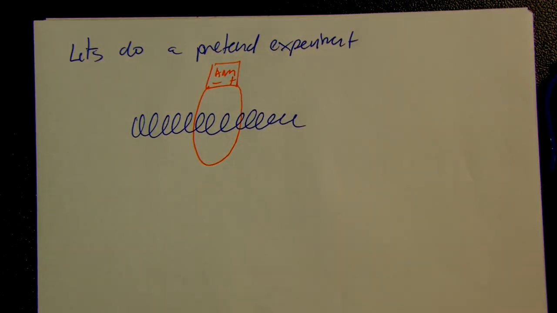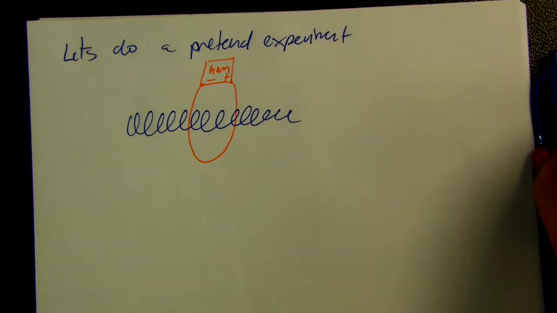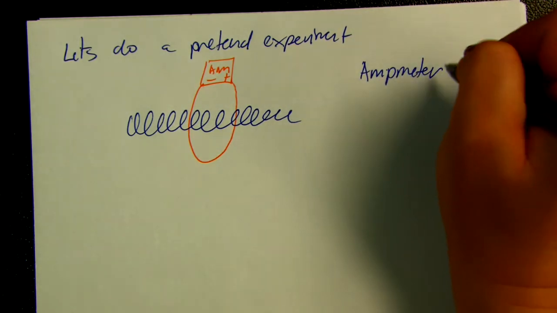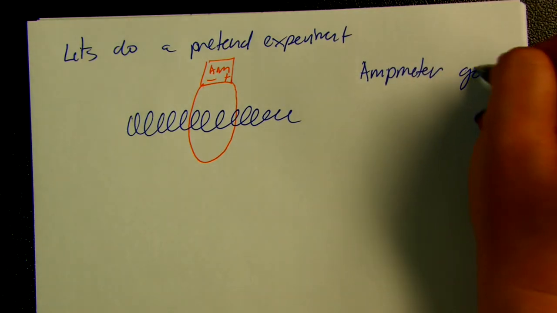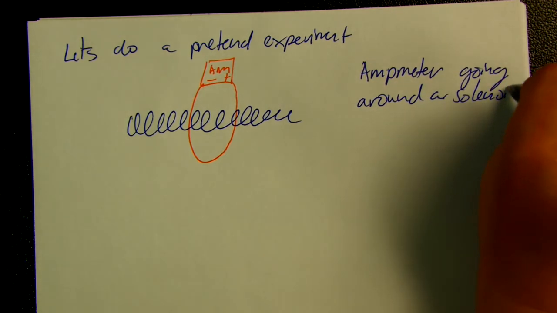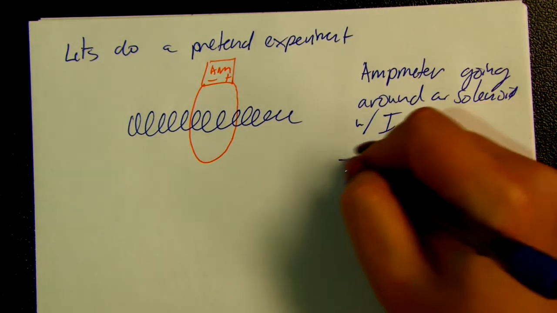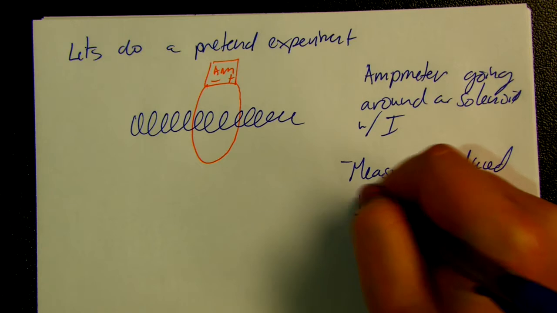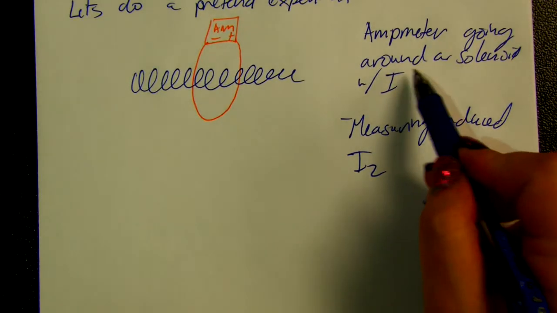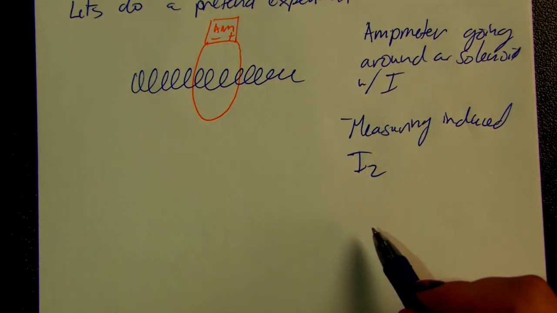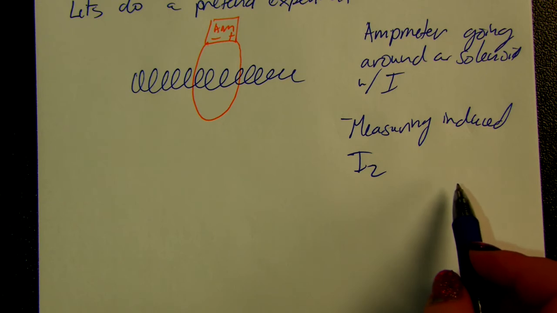So we can measure the current using the ammeter, going around a solenoid with I1, and it's measuring the induced I2. So this is the current that's driving that time-varying magnetic field, and this is the current that has been induced by the time-varying magnetic field.